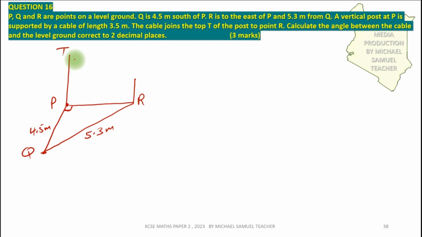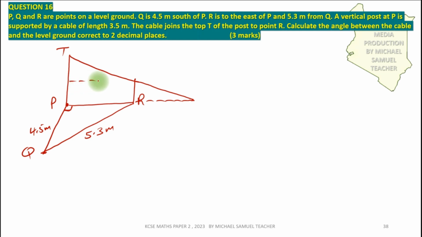From the top of the post at P, that cable passes to the ground at R. Calculate the angle between the cable and the level ground, correct to 2 decimal places.